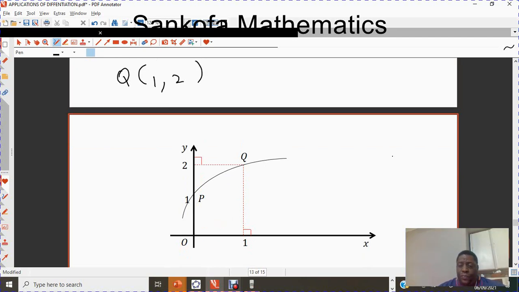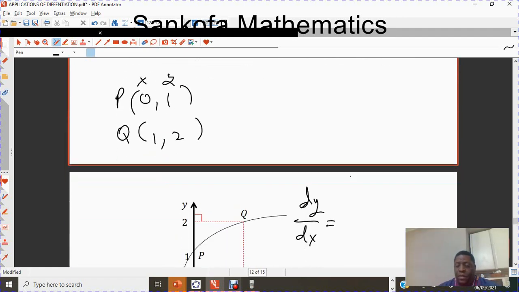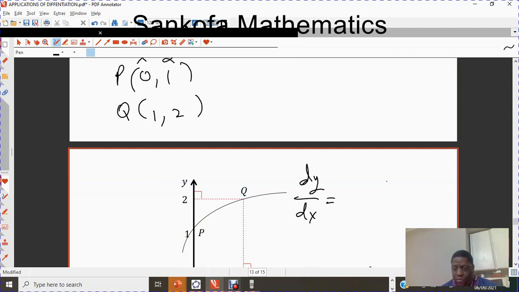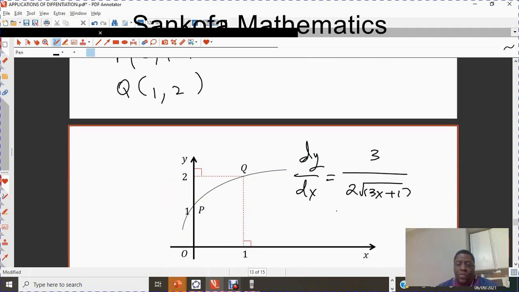Okay, so let us just write our derivative formula again. dy/dx is equal to 3 over 2, then the root of 3x plus 1. So I've got a gradient here, and this is where it's going to count.